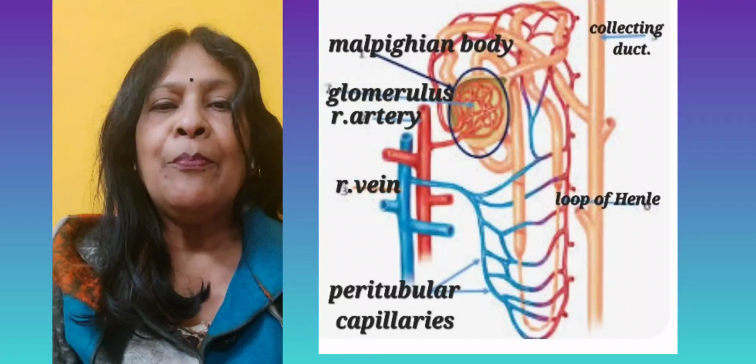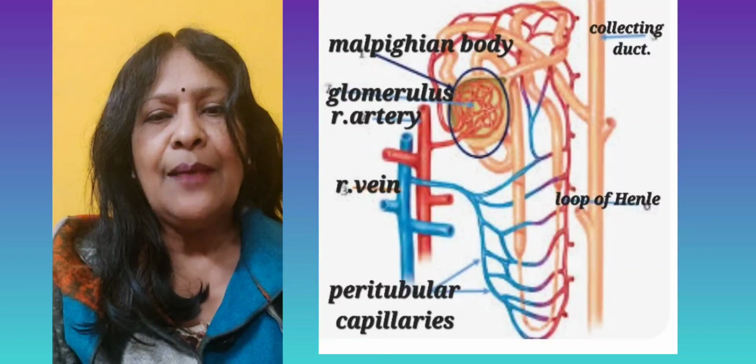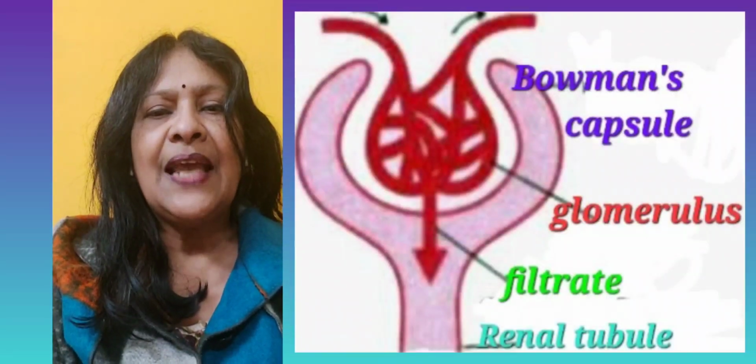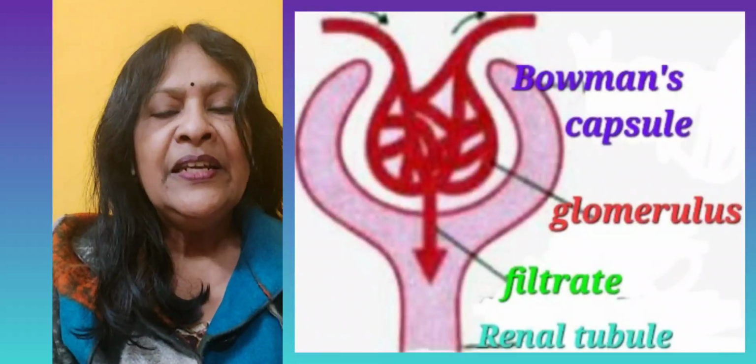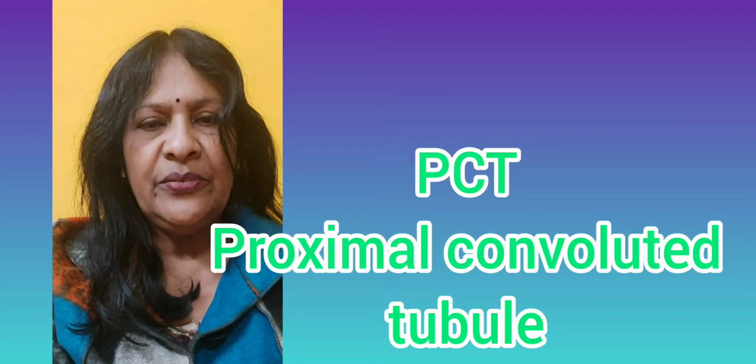It has a cup-like closed end which is called the Bowman's capsule, and this Bowman's capsule has an inner lining and an outer lining of cells. The outer lining then pulls out into a next tubule which is much convoluted in shape, and that's called the proximal convoluted tubule.